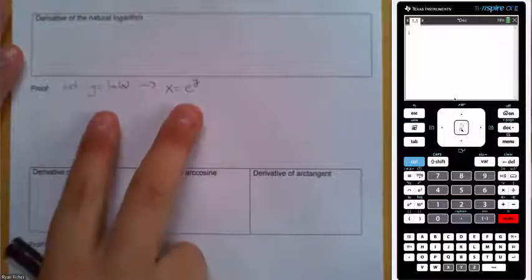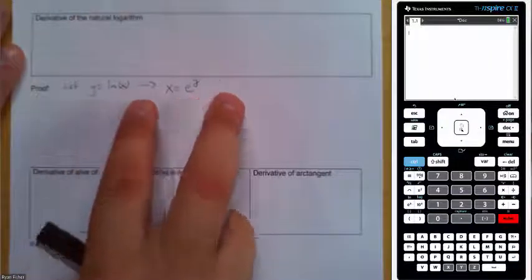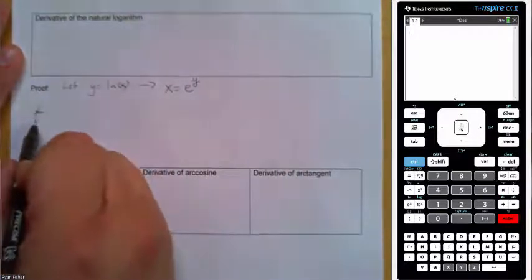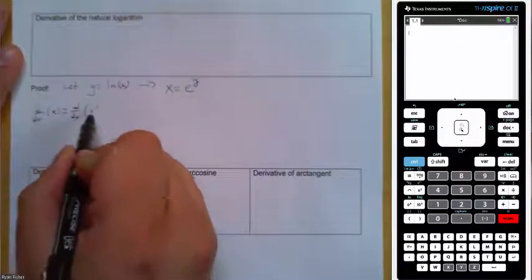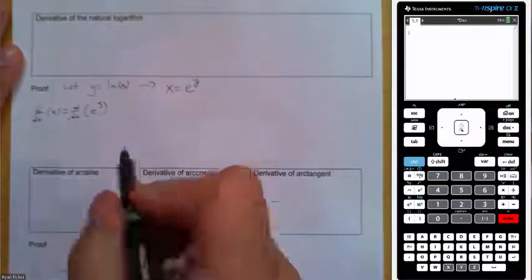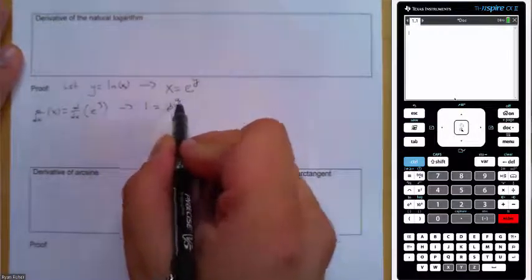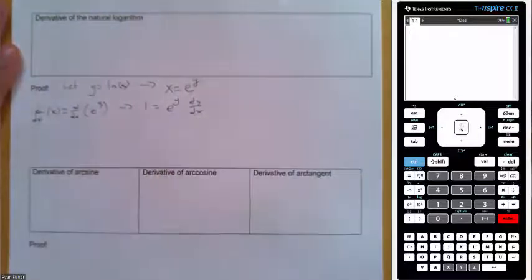Note that these should be equivalent statements. The reason I do this is because I know how to find the derivative of e to the x fairly easily. So let's find the derivative of both sides. This tells me that 1 is equal to e to the y times dy dx.